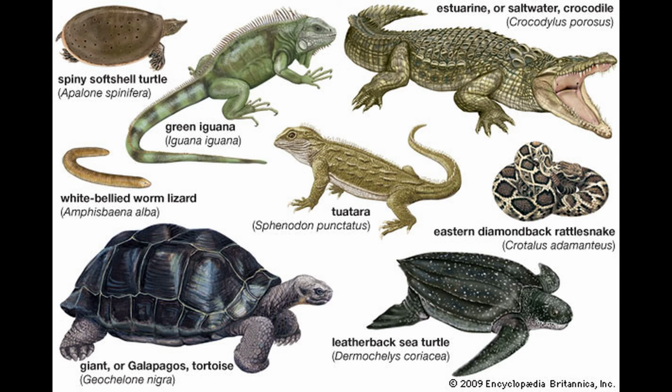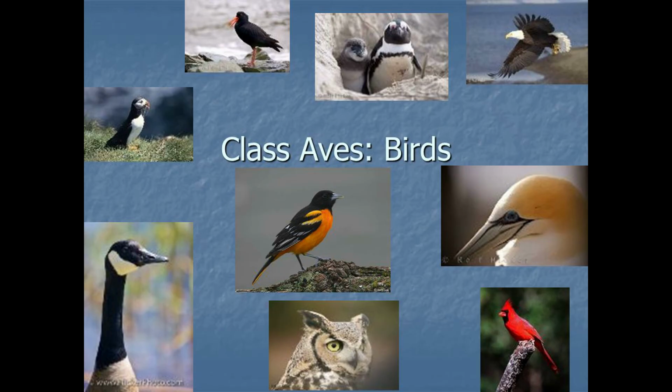Now we are going to the next class, that is aves. We will commonly call them birds. Birds are warm-blooded animals. So till here we have seen the amphibians and reptiles, which are all cold-blooded animals. But these aves, birds, are warm-blooded animals. They have a four-chambered heart and they lay eggs. They have an outer covering known as feathers, and they have two forelimbs modified for flight.